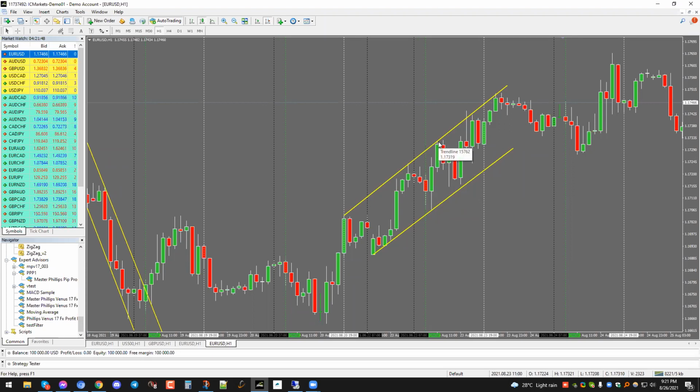You're going to hold on to the trade because you're expecting it to continue to the upside. Okay, now it could break out of this. So you're going to make sure that you hold on to it, because if it breaks out of this trend, you're going to get a nice aggressive move to the upside. So you want to make sure that you hold on to that buy setup. All right.